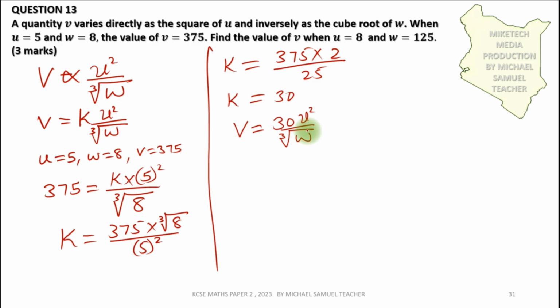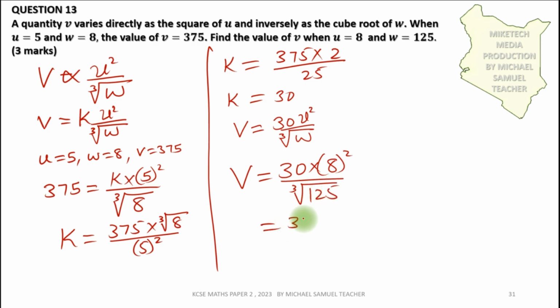So the general equation connecting the variables is v is equal to 30 u squared over cube root of w. And here we have been given the values of u and w, and therefore we need to get v. We have been given u is 8, so 8 squared all over cube root of 125.